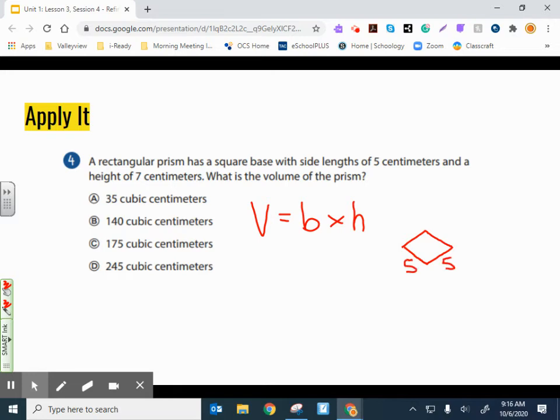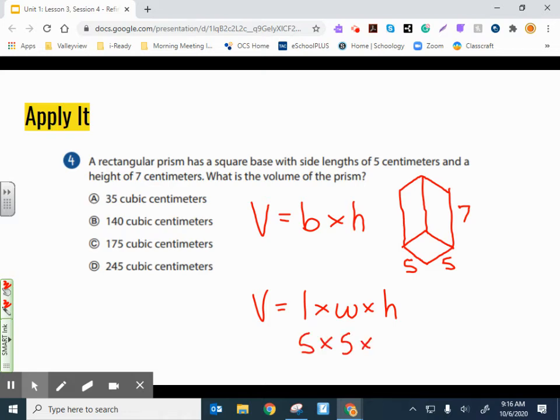But it's going to be about 7 tall. Do it like that, and its height is 7. So you can do, of course, volume equals length times width times height, which is going to be 5 times 5 times 7.